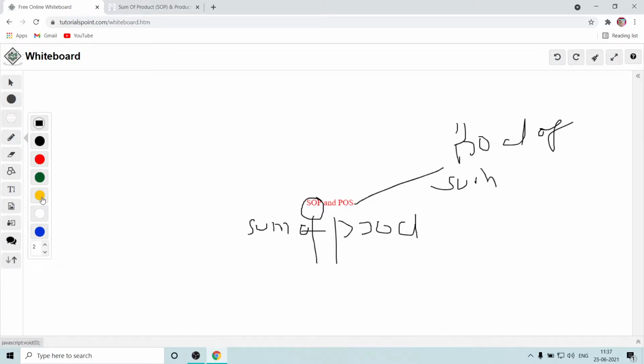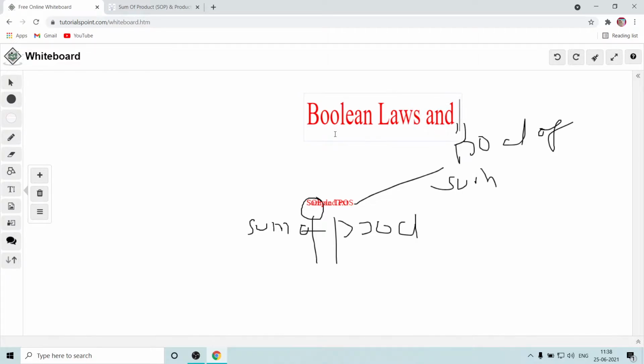To start with the topic, what we are going to study is Boolean algebra, and we will be doing some of the Boolean laws today, and what are Boolean laws, logic, symbol, this we are going to do today.